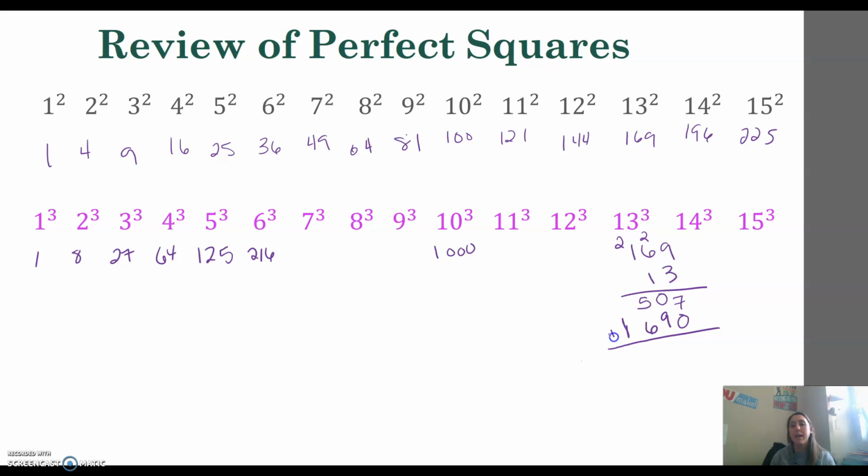All right, so now I'm going to add these two numbers together. 7 plus 0 is 7. 0 plus 9 is 9. 5 plus 6 is 11, so I write down the 1, carry the 1, and then 1 plus 1 is 2. So 13 cubed is 2,197. This is just old school longhand multiplication.